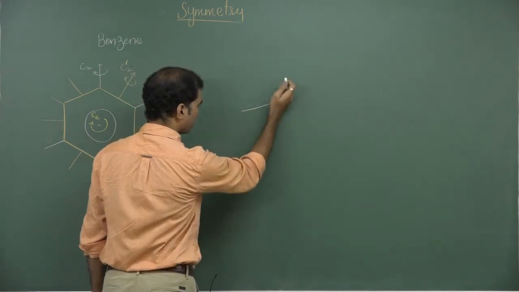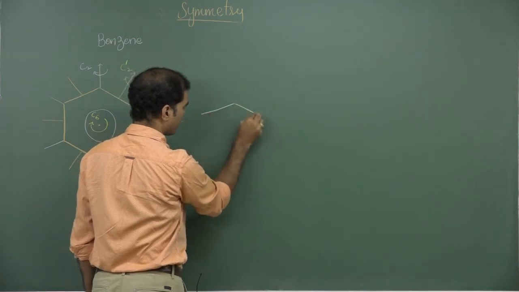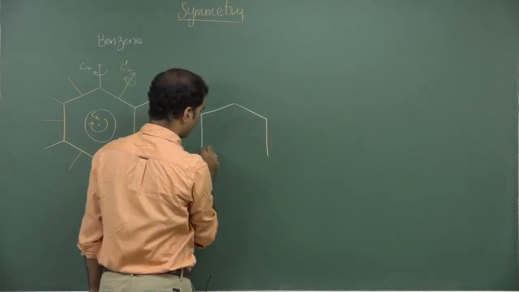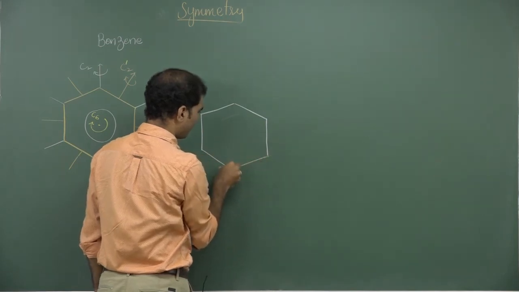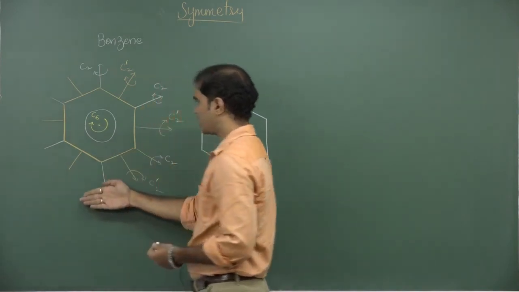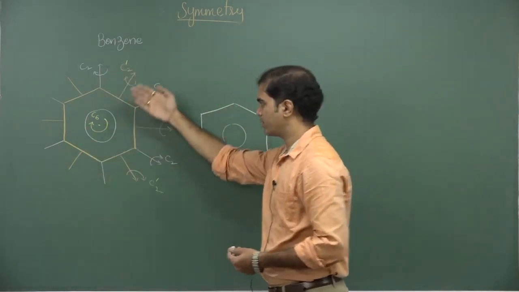By convention, let's call all these planes sigma v because they are parallel to the principal axis. Apart from that, we also have a sigma h, a plane which is perpendicular to the principal axis.